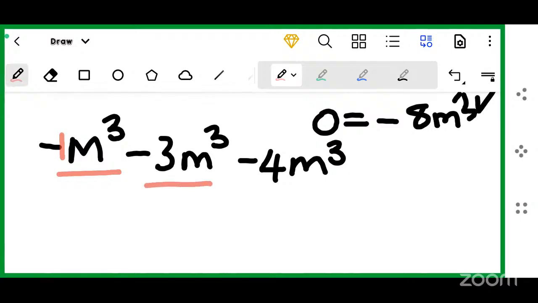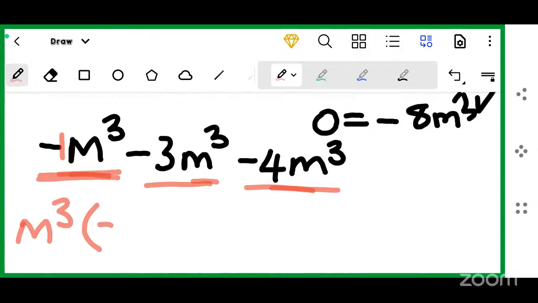This one is negative 3m to the power of 3, and this one is negative 4m to the power of 3. So we have common factors. We can take out the m's and then work out the info inside the bracket. If we take out the m to the power of 3 and open the bracket, what am I going to remain with? You're going to remain with negative 1.